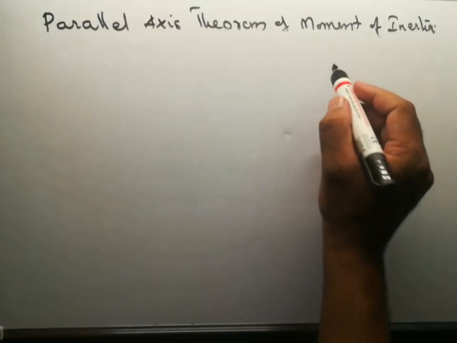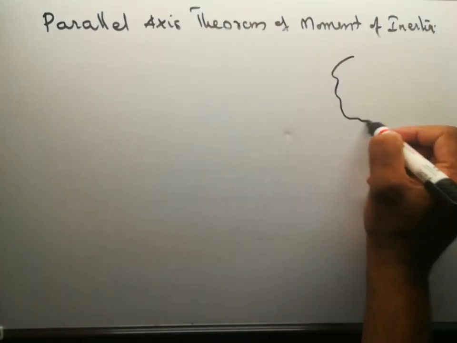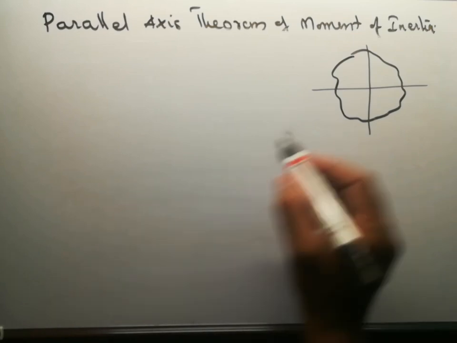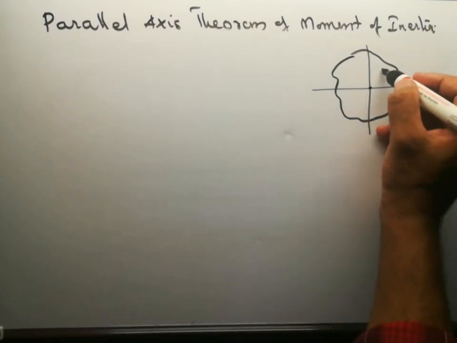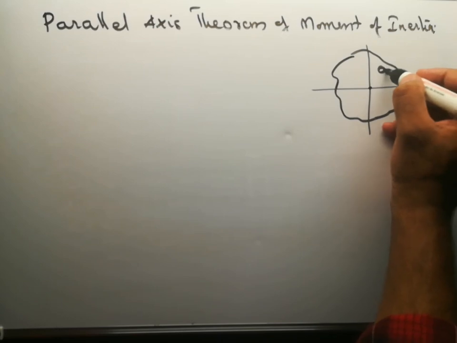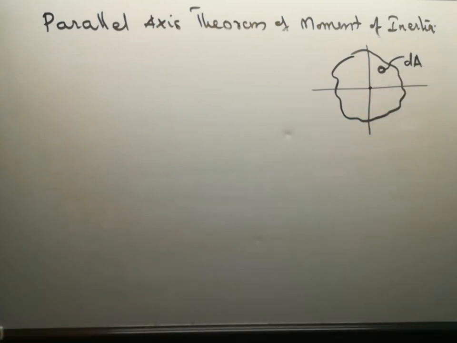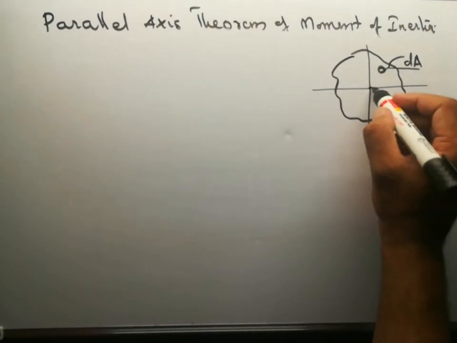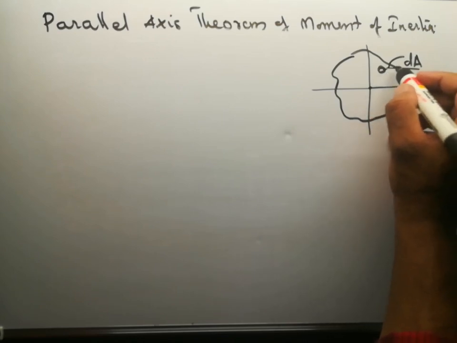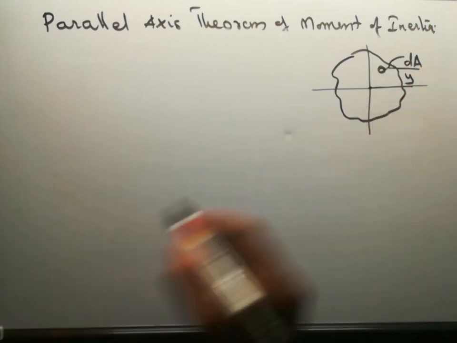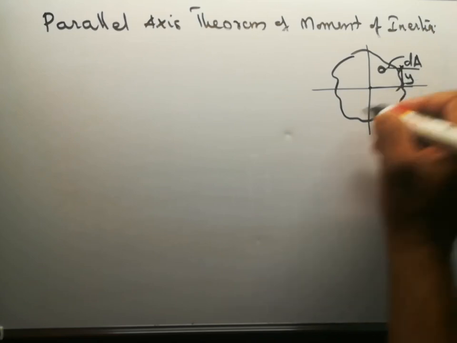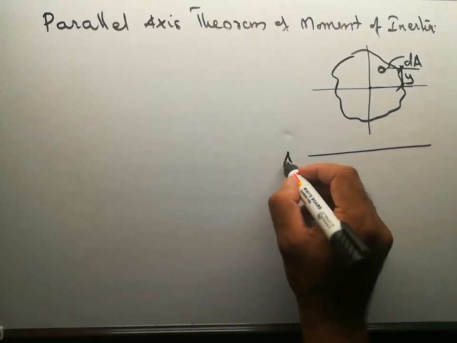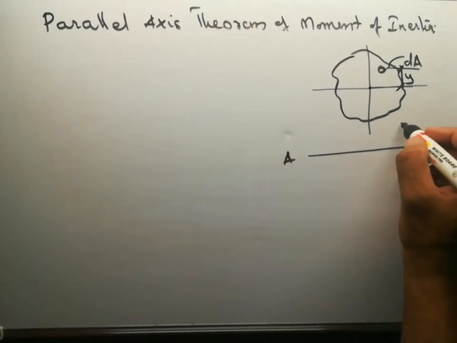Let us consider an area, a general shape. Its centroidal axes are this one at O. We consider a small area which is dA, and the distance from the centroidal axis to the centroid of this small area is y, and we will consider a parallel axis AB at a distance of h.